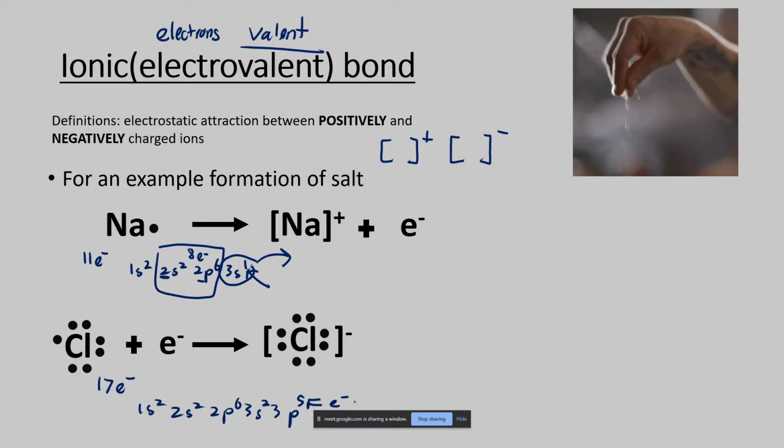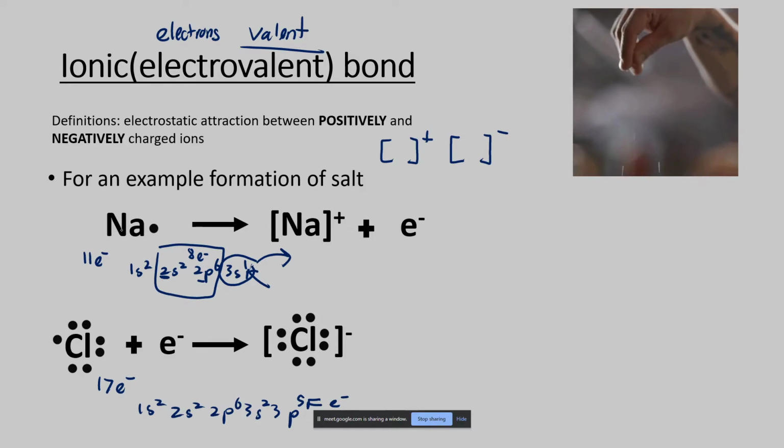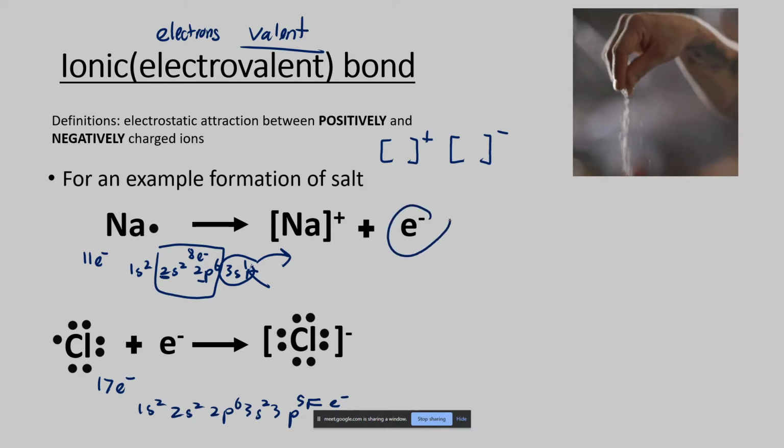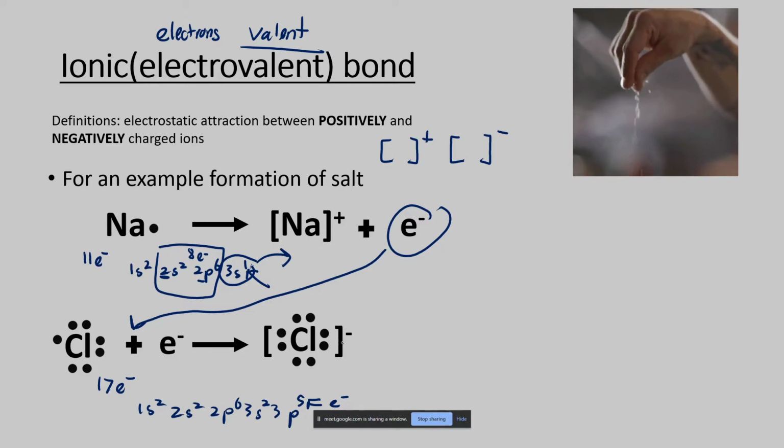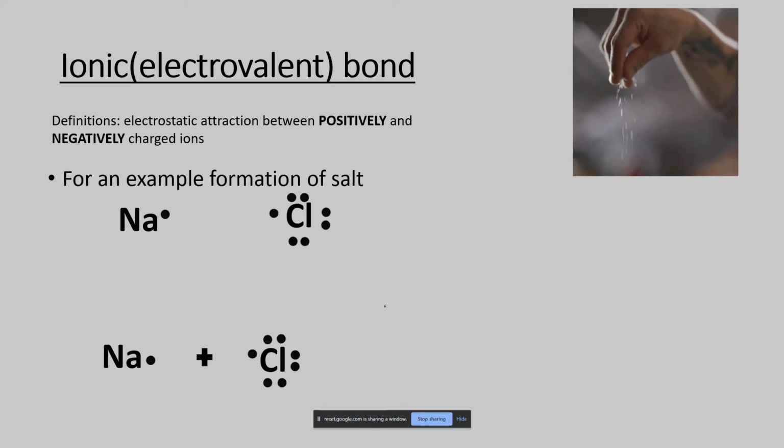So it is easier for chlorine untuk accept electron, and untung untuk chlorine, sodium is readily available untuk give an electron. So sodium give out electrons. So these electrons diambil oleh chlorine. Okay, chlorine ambil, which is this electron, to form a chloride minus. So dia dah complete.